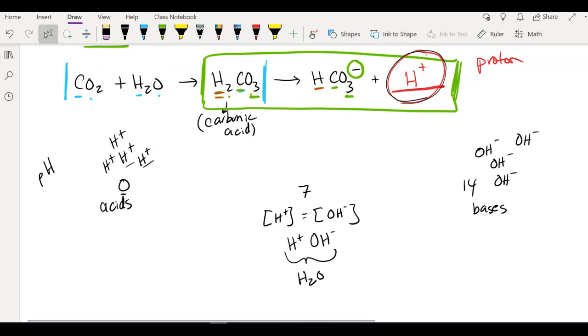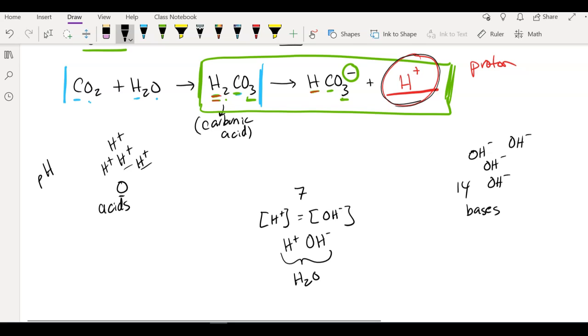Here's the problem. The more H pluses we have over here, the closer we go down to 0. The pH of your arteries should be between 7.35 and 7.45. It's a very, very narrow range. So anything that brings us lower than 7.35, let's say 7.3, makes your blood more acidic.